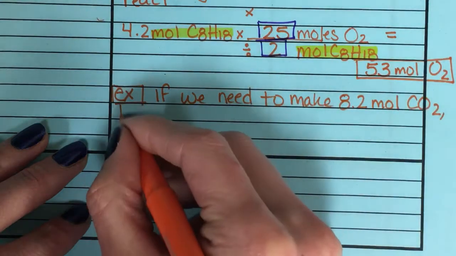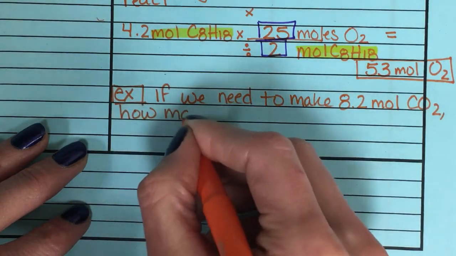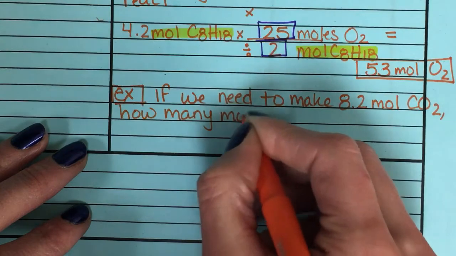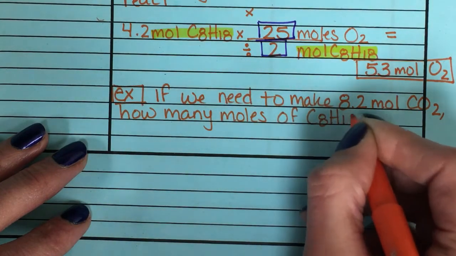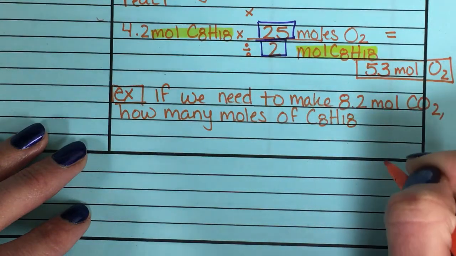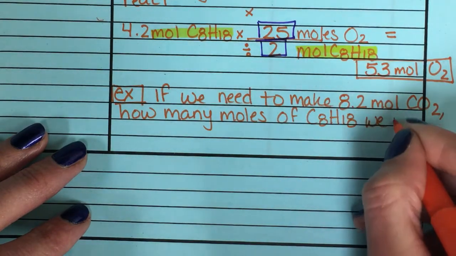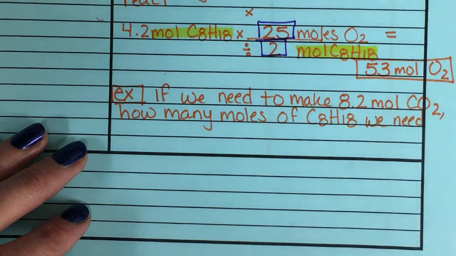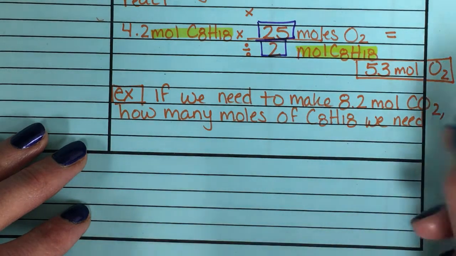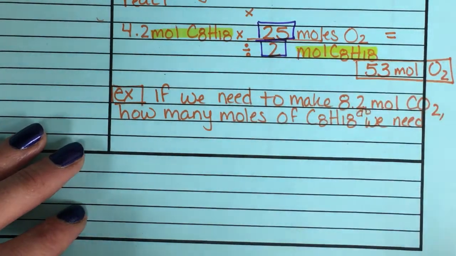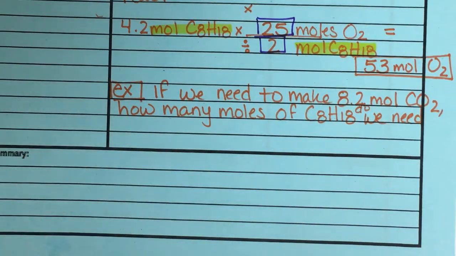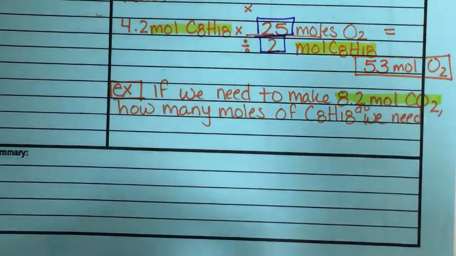And I want to find out how many moles of C8H18 you need to start with. Okay, so, oh, that should have a "do". Do we need. So again, I always start with my number given.